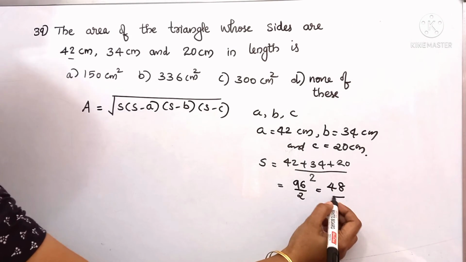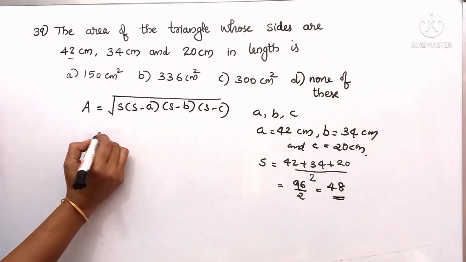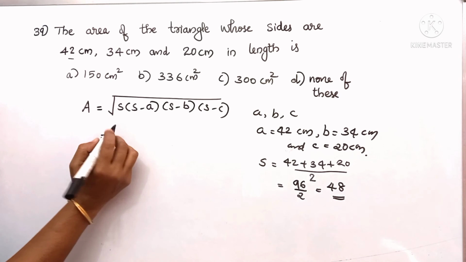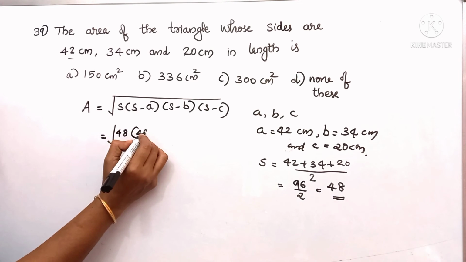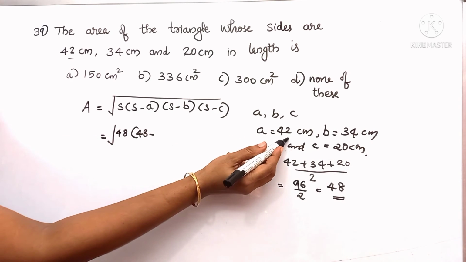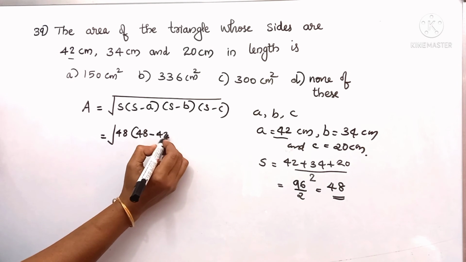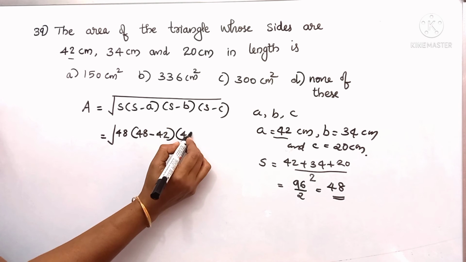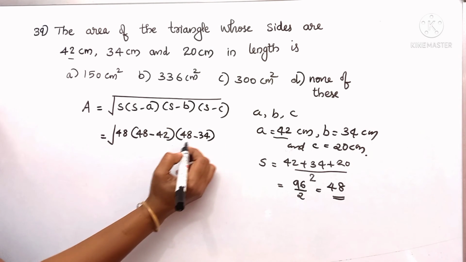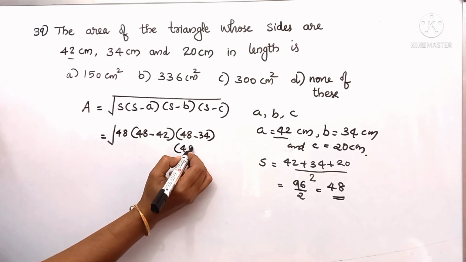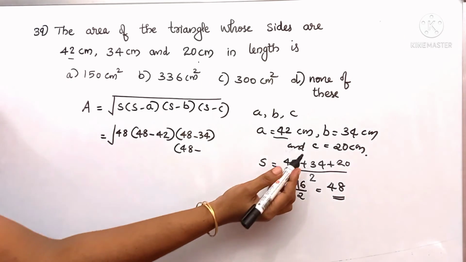We have got 48 as S. Then we apply it here. Area is equal to square root of S, 48, into 48 minus A, 42, into 48 minus B, that is 34, into 48 minus C, that is 20.